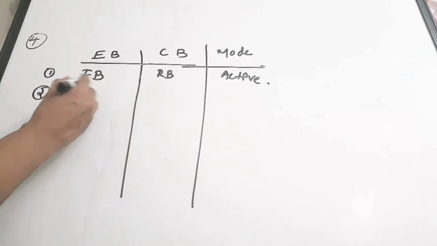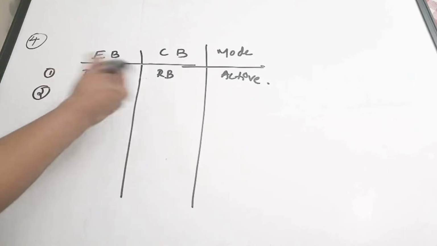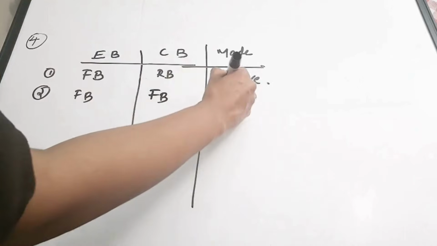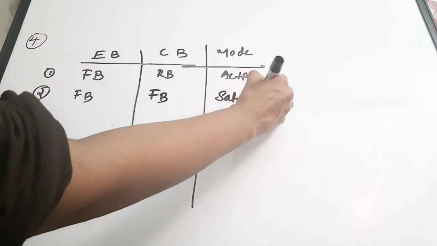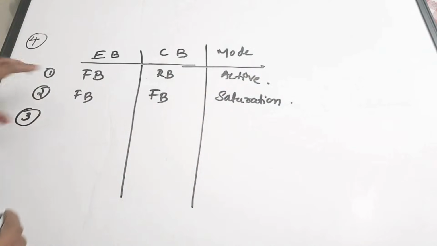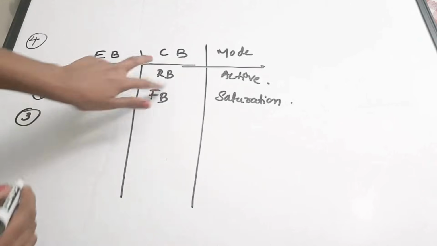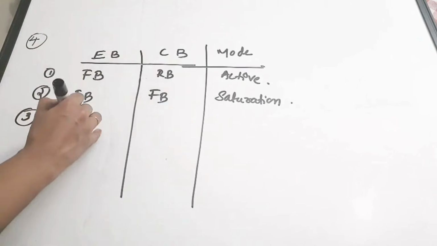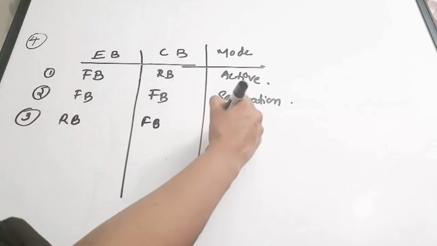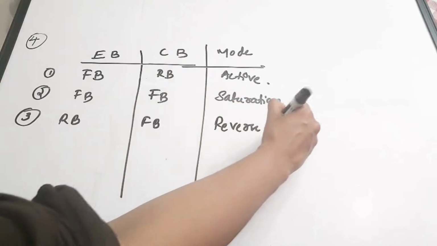Now, when the emitter base junction is forward bias and the collector base junction is also forward bias, it is called saturation state. Now, third case, when the emitter base is reverse bias and the collector base is forward bias, it is called reverse active.